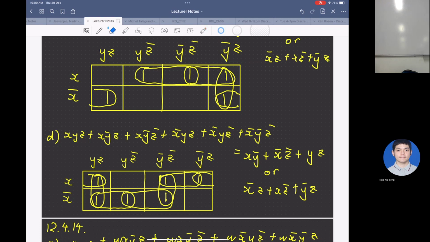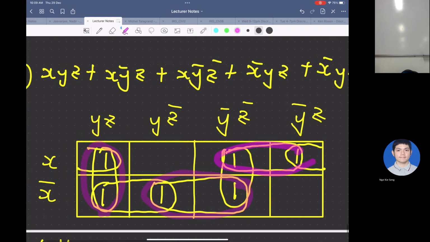So for example, in this case here, what's the least number of picks for covering all the ones? What's the least number? Okay, so how do you do it? You can do it like this, and then like this.